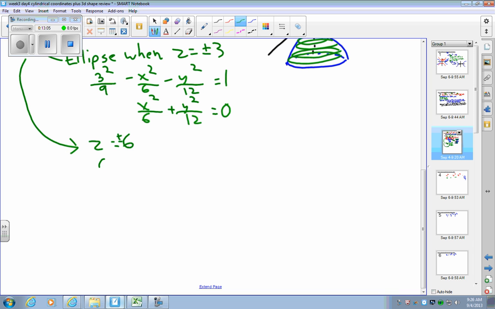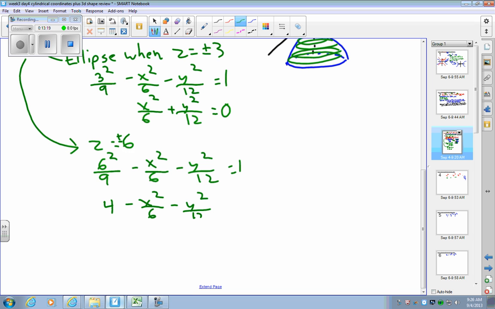You could do 6 squared over 9 minus x squared over 6 minus y squared over 12 equals 1. Let's see, 36 over 9 is 4. So I got 4 minus x squared over 6 minus y squared over 12 equals 1. Rearranging, x squared over 6 plus y squared over 12 equals 3.